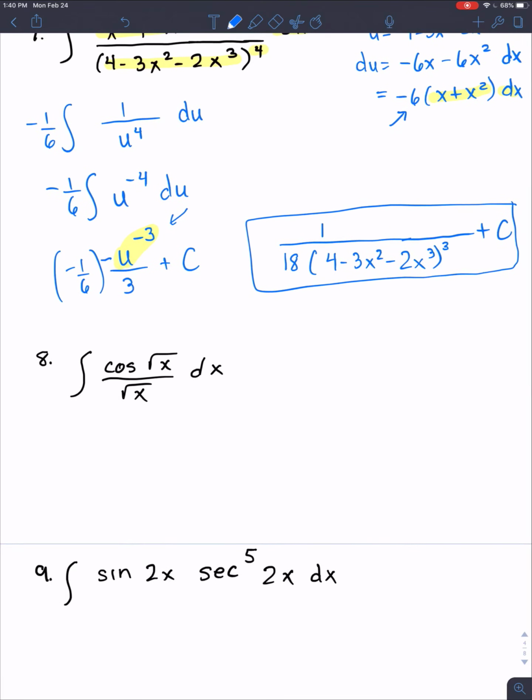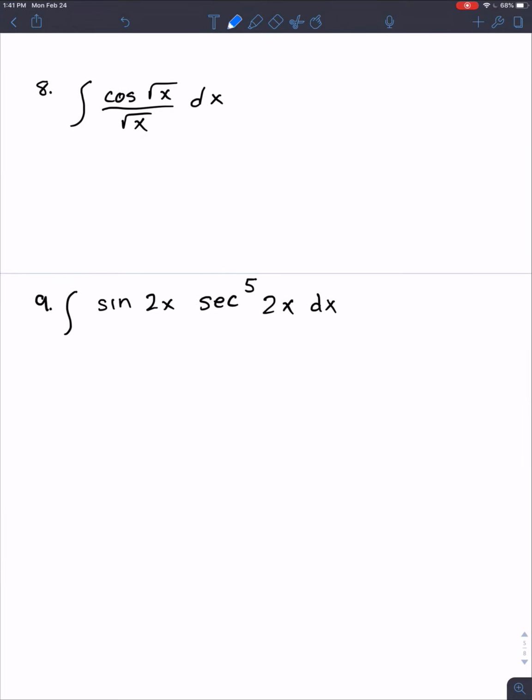Alright, so moving on, number 8, the integral of cosine square root of x over square root of x. If you rewrite this, it's going to be cosine x to the 1/2 over x to the 1/2 power. In this case, we're going to let u equal x to the 1/2.